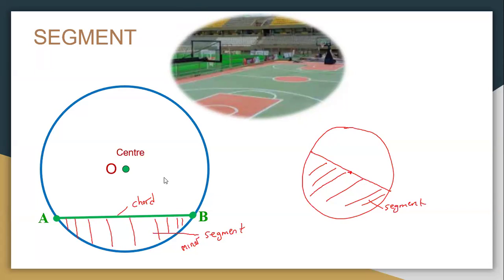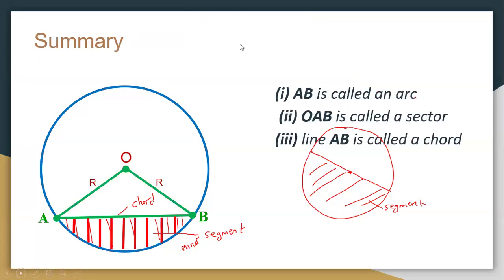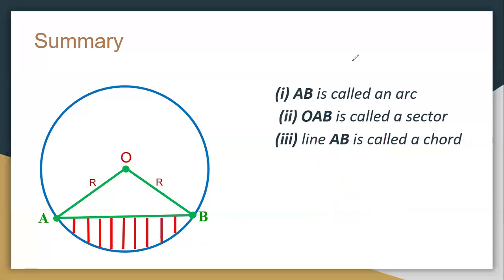Now, what I've showed you are the major parts when it comes to a circle. One of them will be called an arc. So an arc for this particular circle, this is just the summary, is this one here.